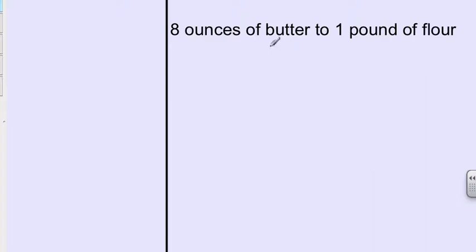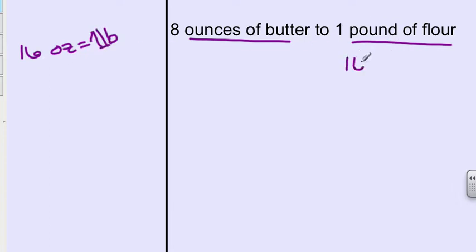Last but not least, ounces of butter to a pound of flour. Again, we're talking about measurements. We're measuring in ounces for butter, pounds for flour, but they need to be the same. Hopefully you remember the conversion, that there are 16 ounces in 1 pound. So that means that this 1 pound of flour is the same as 16 ounces of flour.